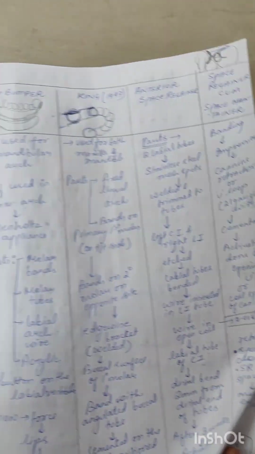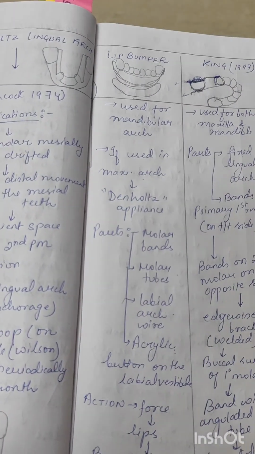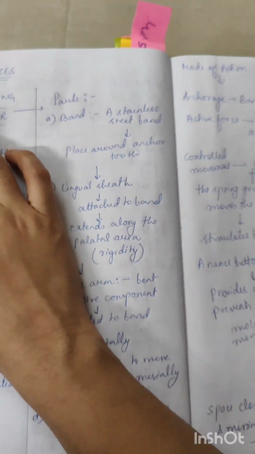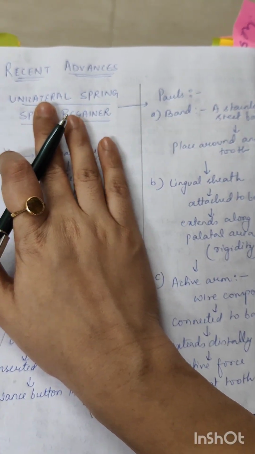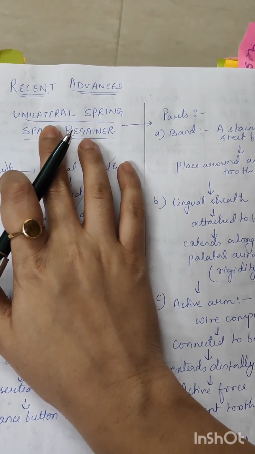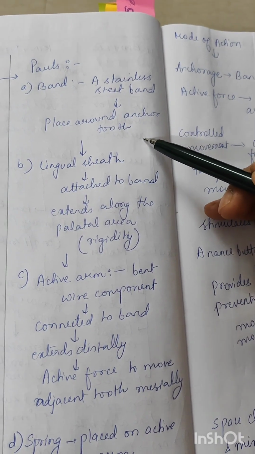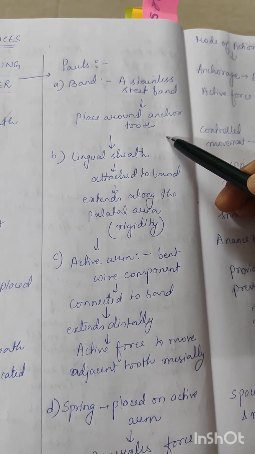Lastly, now we'll study the recent advancements. The first type is the unilateral spring space regainer. It has a stainless steel band placed around the tooth to anchor it.